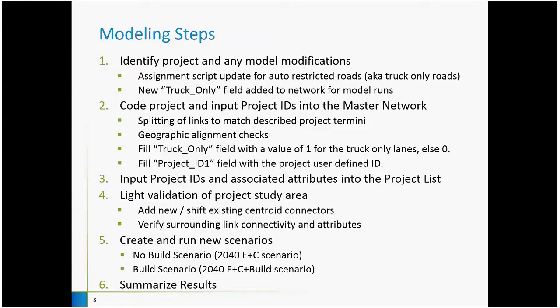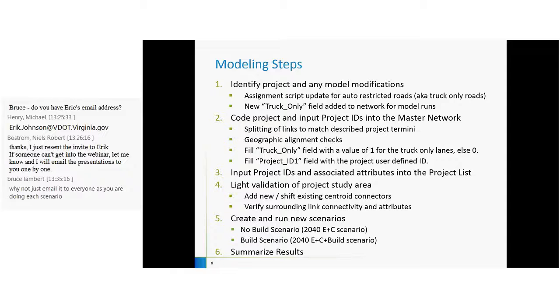The fourth step is to do some validation of the study area. As you know, this is a national network, a very large region, so it's always good to do some validation to make sure that connectivity is appropriate, road attributes are defined correctly, and that includes mainly just lanes and functional class and area type.